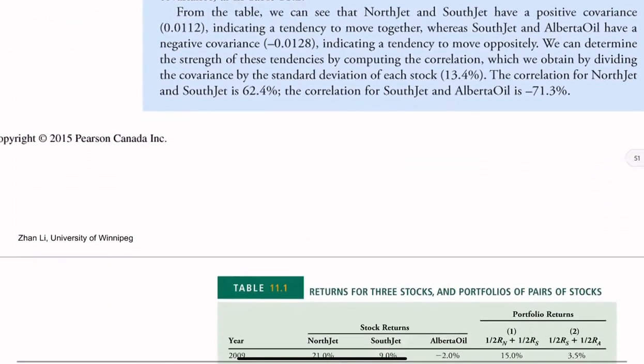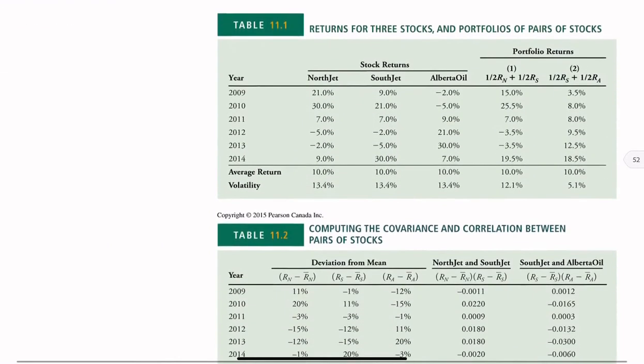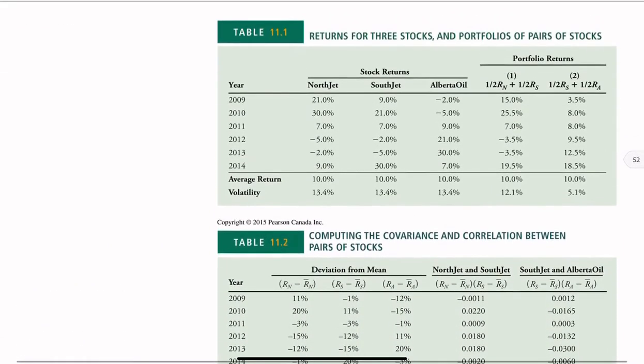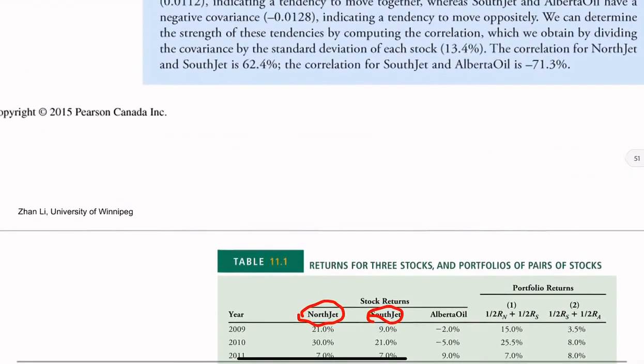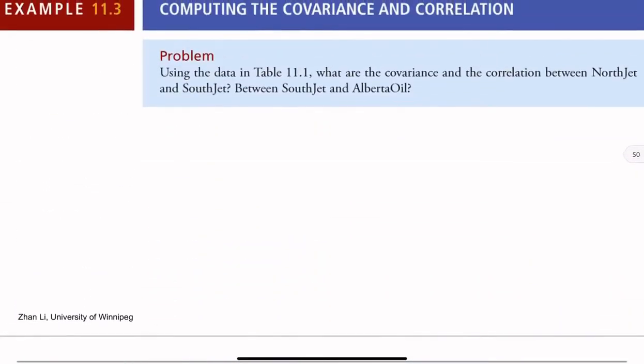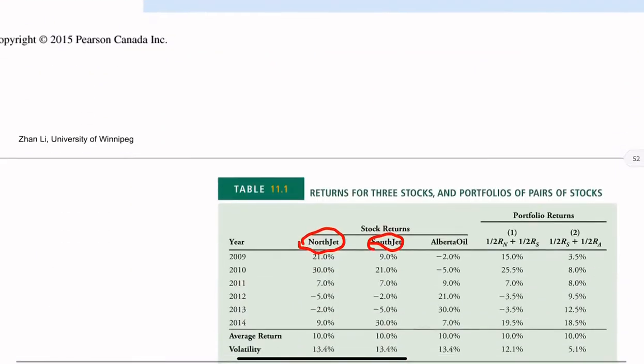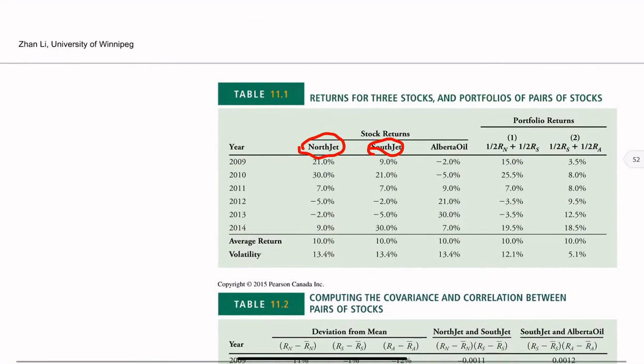So our task here is we have this table 11.1, and we want to calculate the covariance and correlation between North Jet and South Jet. This is North Jet, this is South Jet. And our second task is to calculate the correlation between South Jet and Alberta oil.